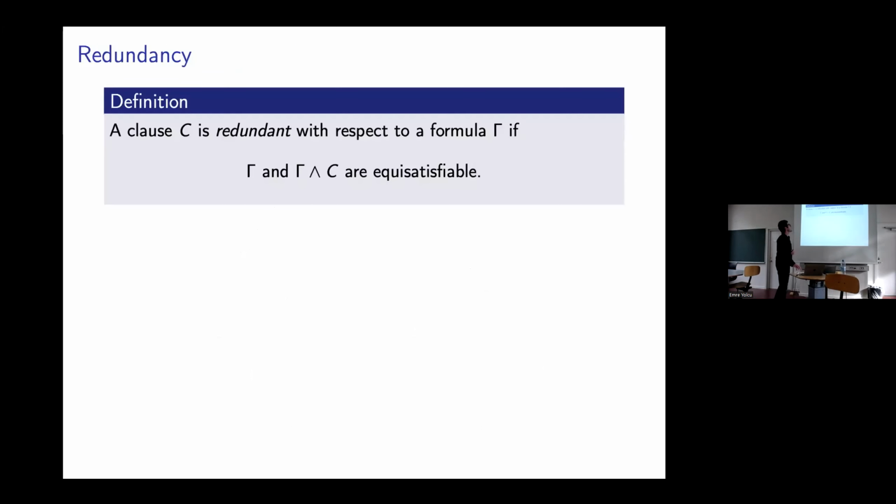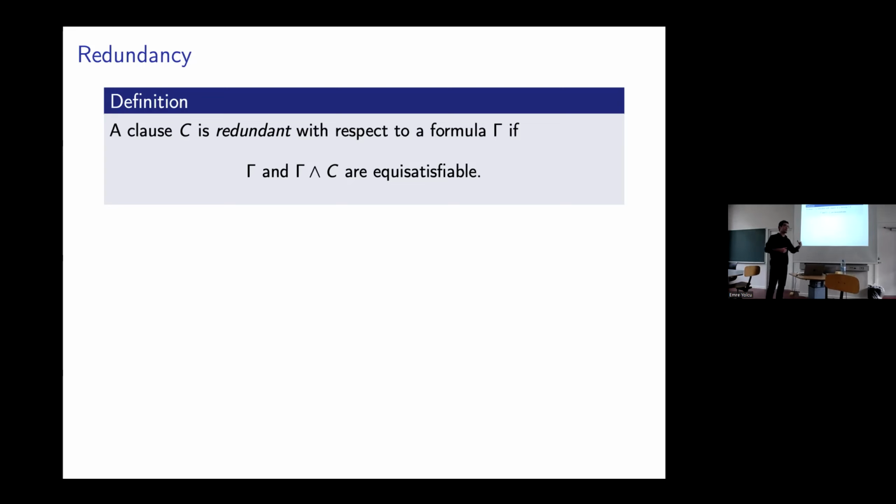And the key concept that they are built on is redundancy. Redundancy of a clause with respect to a formula means that when you add the clause to the formula, you don't change its satisfiability status. Often in proof systems that allow you to add clauses, you have something more strict than this. You require that whatever you're adding be logically implied by the formula.